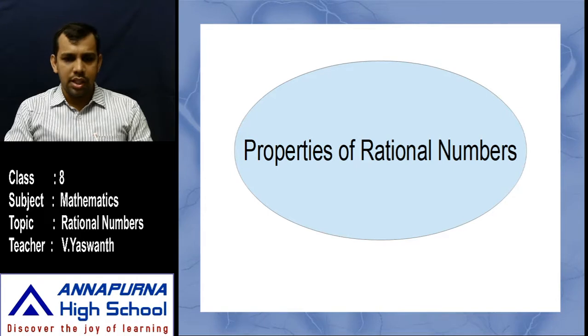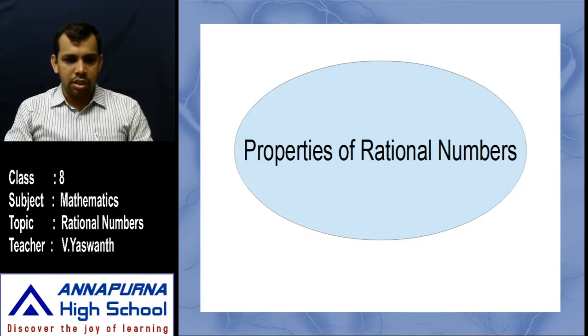There is a procedure. When you introduce any new collection of numbers, first we give the definition of that number, then we go to the fundamental operations, how to apply them between the numbers, then we go to the verification of properties of numbers.